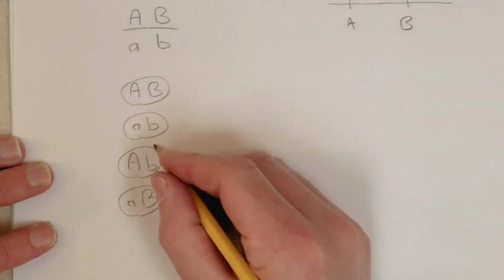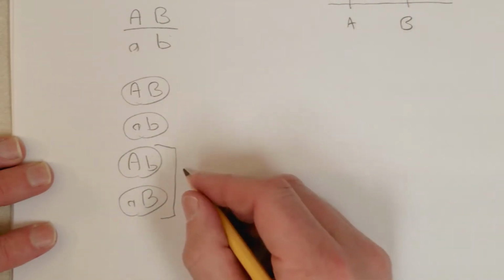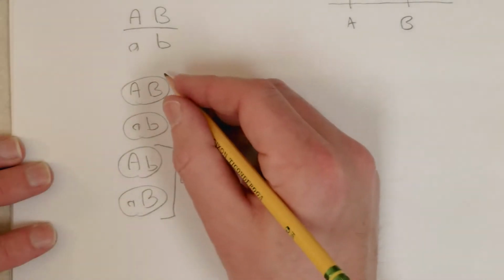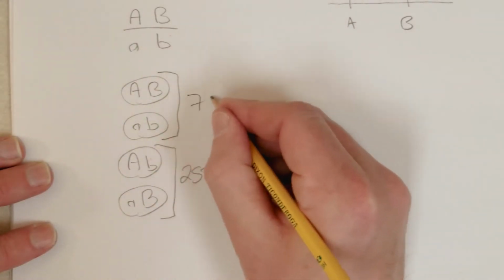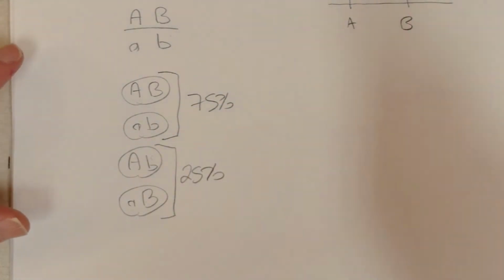So these are the recombinant gametes and 25 centimorgans, so 25% should be those, and 75% should be this one.